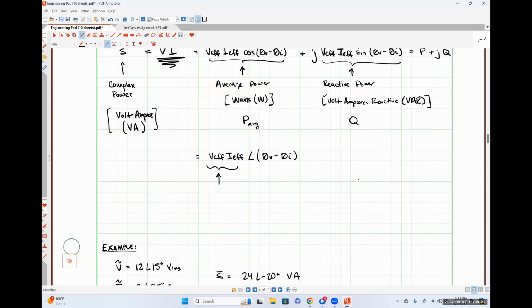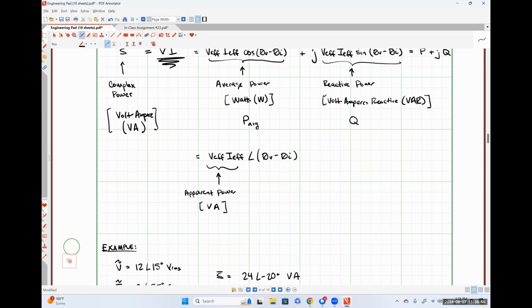V effective multiplied by I effective is what is commonly referred to as the apparent power. An apparent power, because it is nothing more than the magnitude of the complex power, is also expressed in volt amperes.